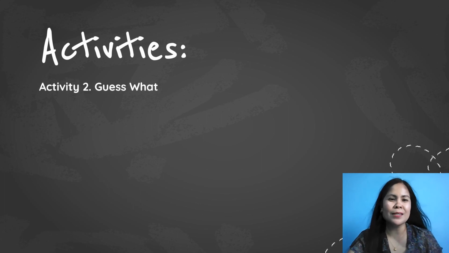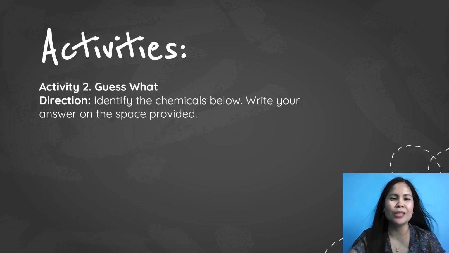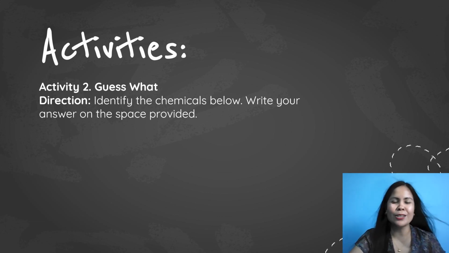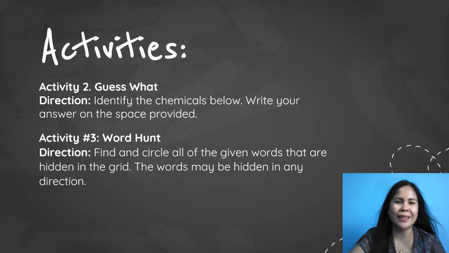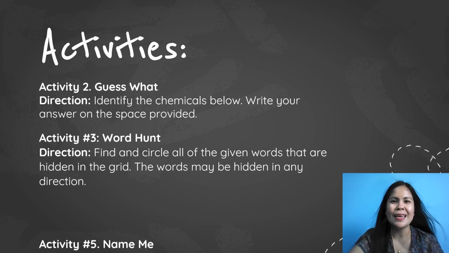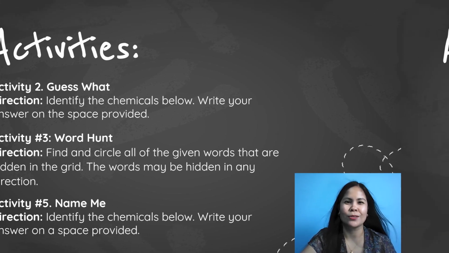For activity 2, the type is guess what, in which you're going to identify the chemicals and write your answer on the space provided. For activity 3, word hunt. Find and circle all of the given words that are hidden in the grid. The words may be hidden in any direction.